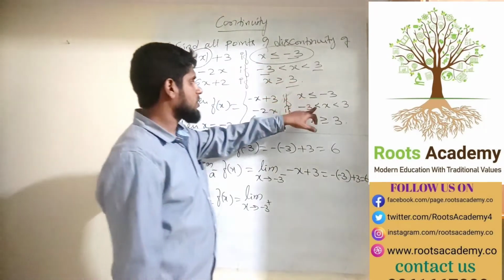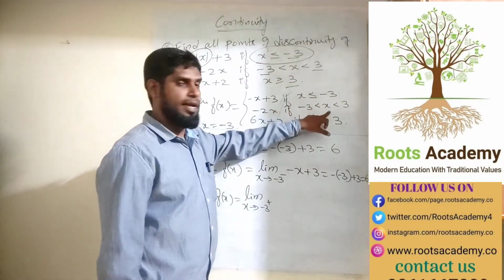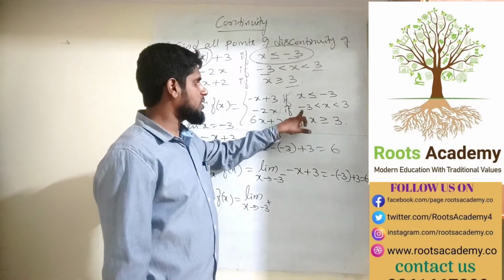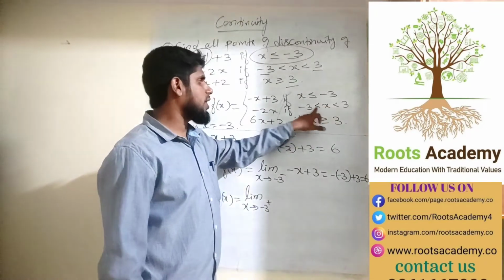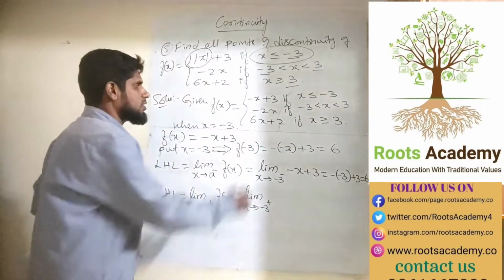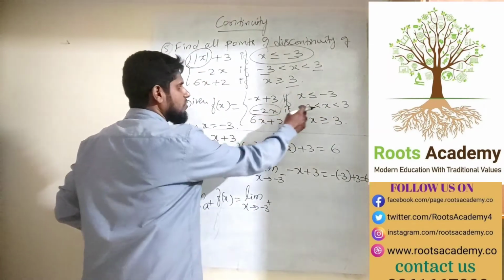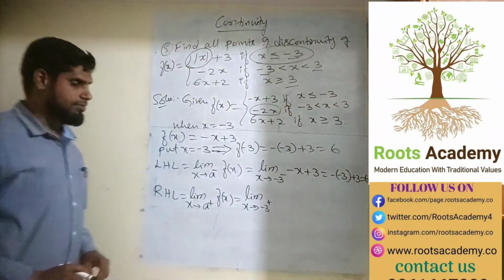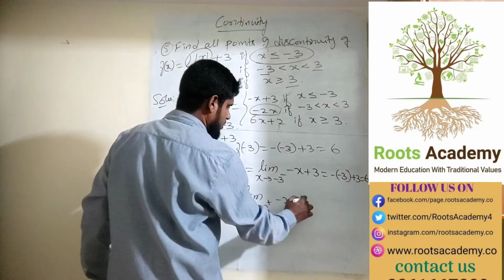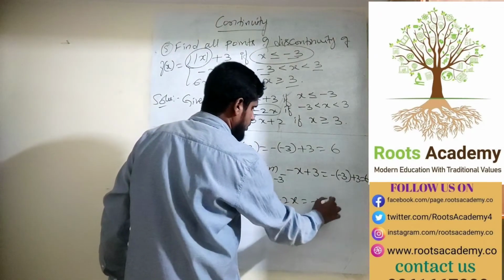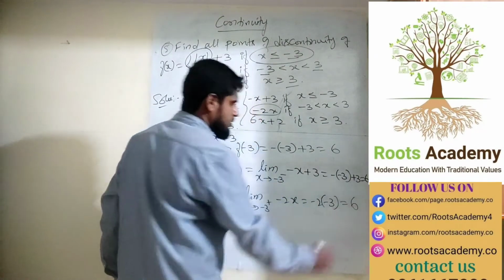Listen carefully here. Minus 3 is less than x, means x value is greater than minus 3. So this is the right hand limit function when x is minus 3. So it is minus 2 into x. Minus 2 into minus 3 is 6.